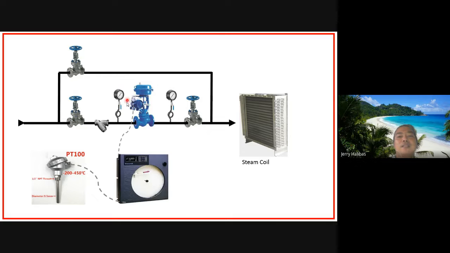So take note, this is automatic and this is manual. What they do is gradually open this valve and slowly close the other so the steam is bypassed through the upper line.